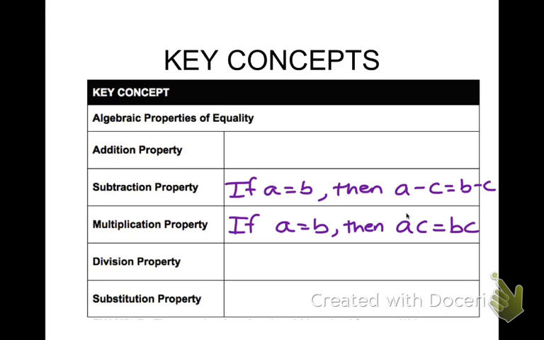Okay. Division, same thing. If A is equal to B, then I can divide both those numbers or line segments or angles by the same number, and it'll keep it the same. All right, so addition, subtraction, multiplication, division.